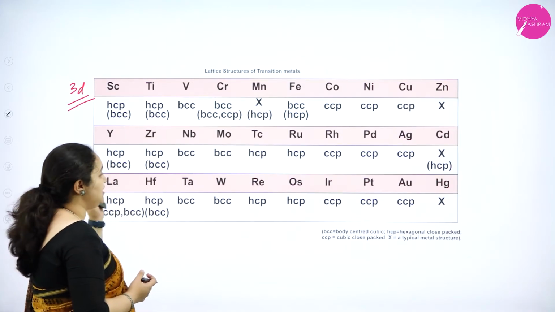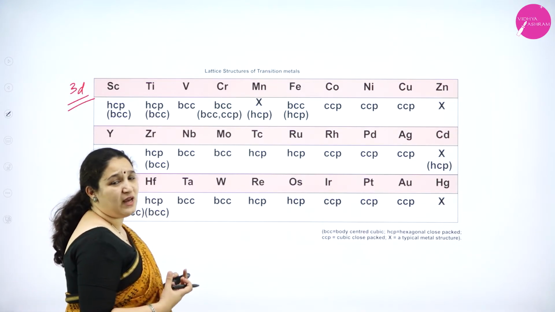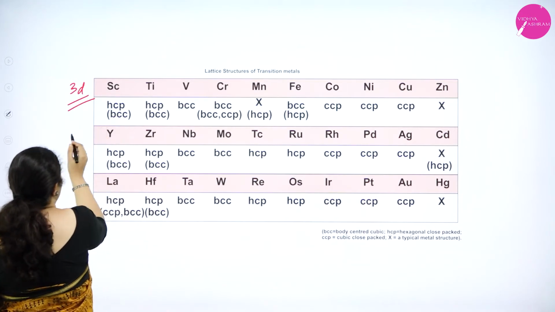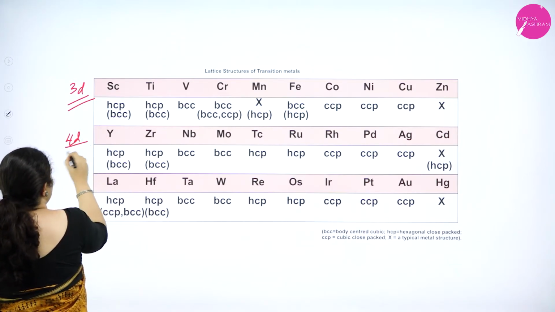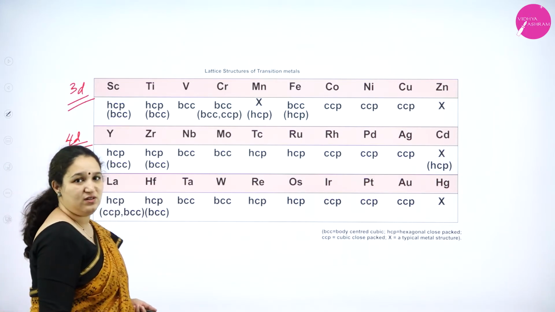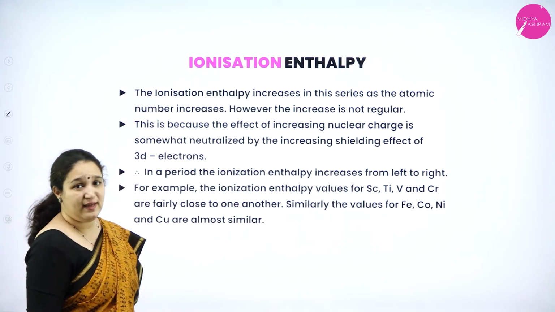Either they have BCC or HCP or CCP, depending on which type of metallic structure they are forming. This is for the 3D transition series, this you can see for 4D, and this for the 5D transition series.